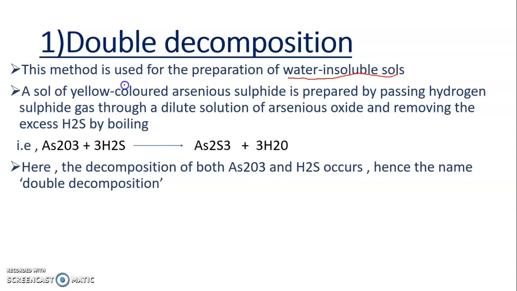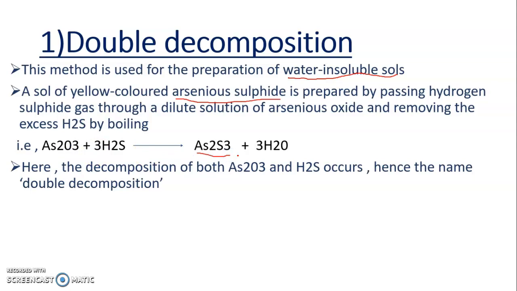So this reaction is very simple, wherein you are preparing a colloidal solution of arsenious sulfide. Simply we are passing hydrogen sulfide through an aqueous solution of arsenious oxide. We are obtaining the salt of arsenious sulfide and water.